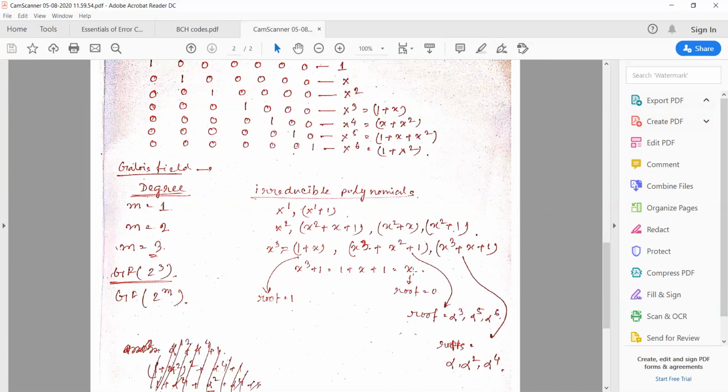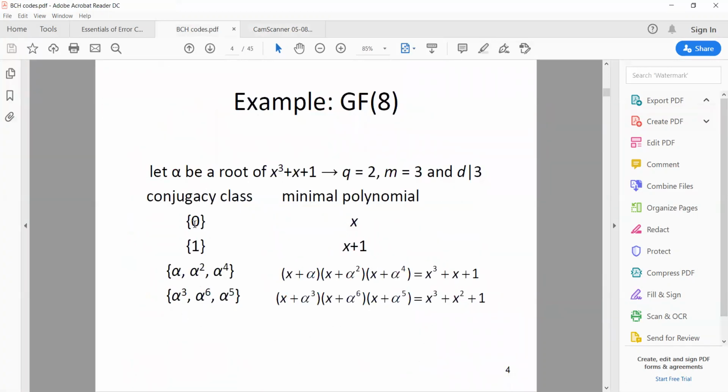If alpha is our root and alpha equals 0, then this equation is 0. So when x is a polynomial equation, its root is 0. That is written here. When the root is 0, the minimal polynomial is x.